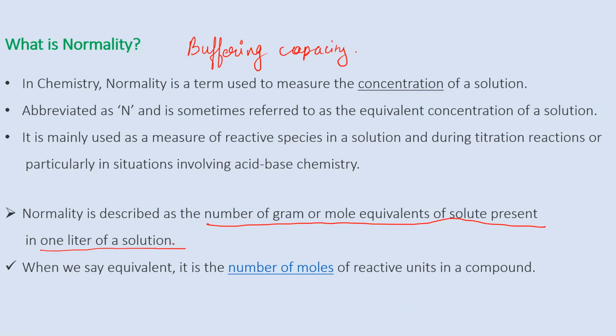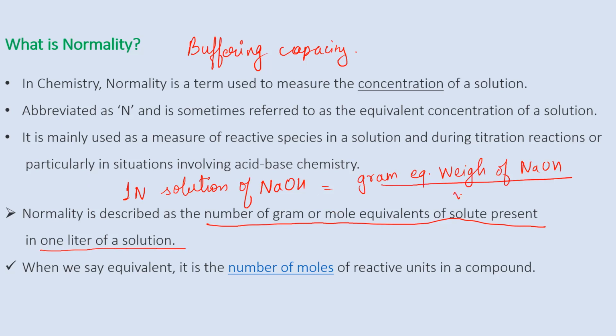So if I want to make a one normal solution of NaOH, it means the gram equivalent weight of NaOH divided by the volume. Okay, so this gram equivalent weight is very, very important. That's why we are going back to the basics that you did in 11th and 12th.